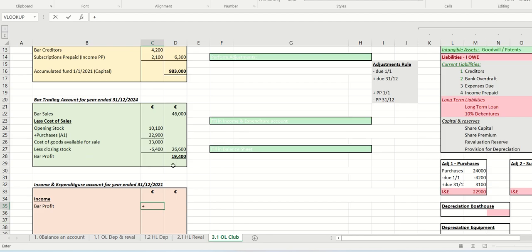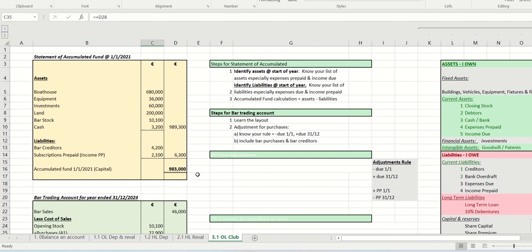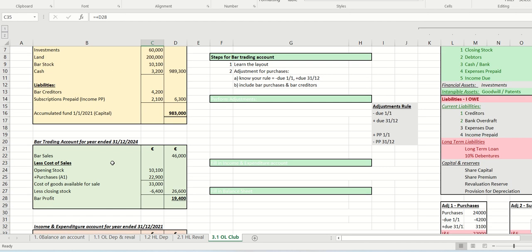It's a profit, so it's going to go into the income section, because that way you won't forget to put it in. So that's a really little clever habit. Once you've done your bar trading account, you've got your 8 marks. Let's put that profit number in here, because sometimes it's easy to forget because we get caught up in doing adjustments. So we're done. Statement of accumulated fund, bar trading account, all done, nice and easy.